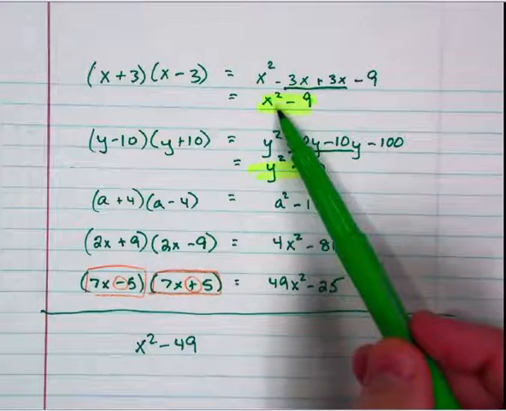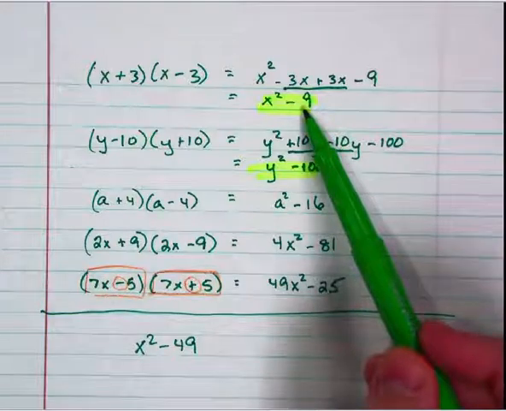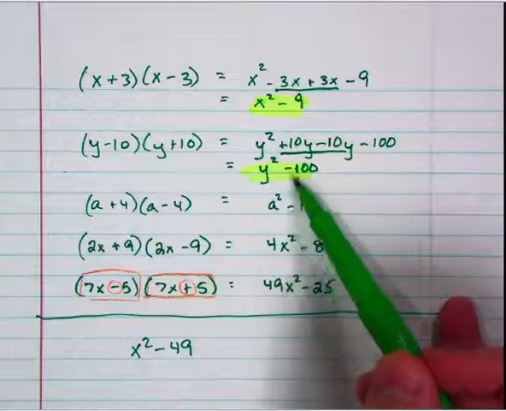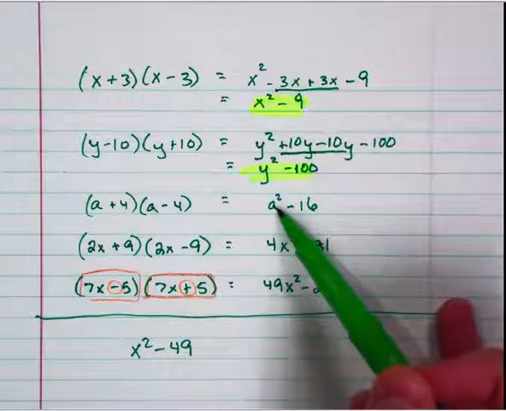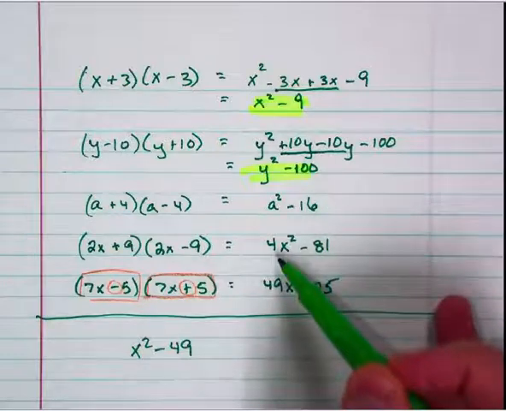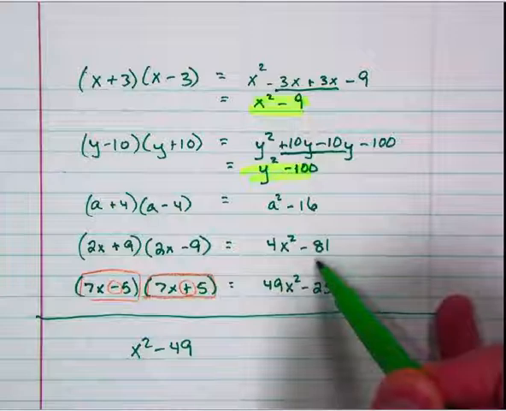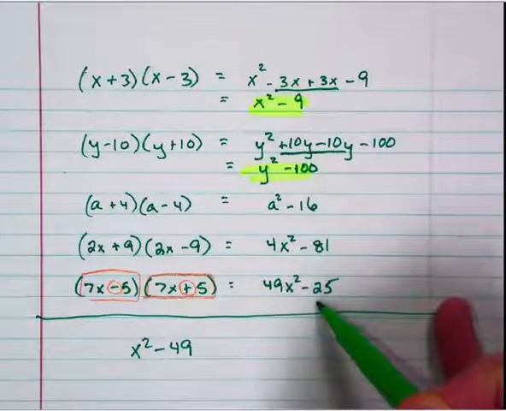X squared is a perfect square, it's x times x. 9 is a perfect square, it's 3 times 3. Y squared is y times y. 100 is 10 times 10. A squared is a times a, 16 is 4 times 4. 4x squared is 2x times 2x, 81 is 9 times 9. 49x squared is 7x times 7x, 25 is 5 times 5.